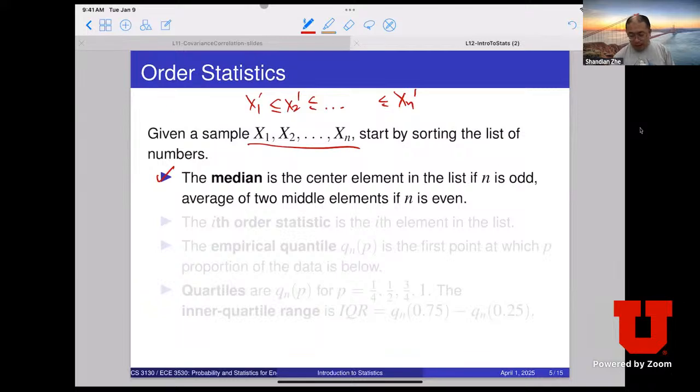Then I take the center element in this sorted list, which we call the median. If n is odd, this is the center. If n is even, you just take the two middle elements and average them. So this is called the median statistic.